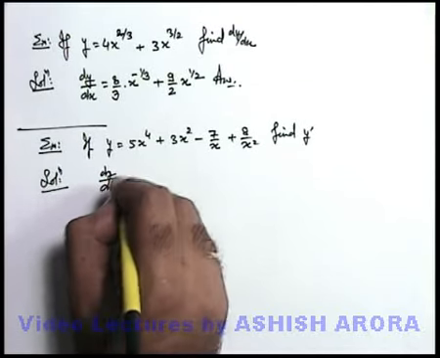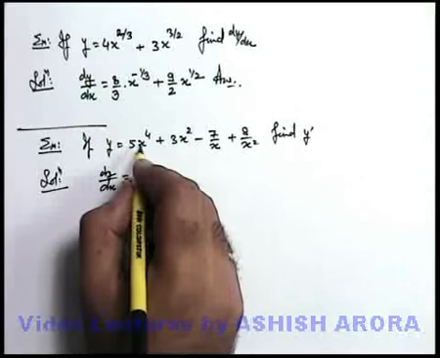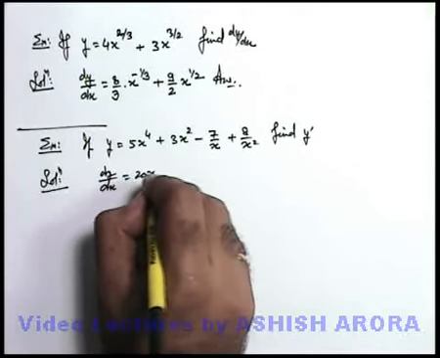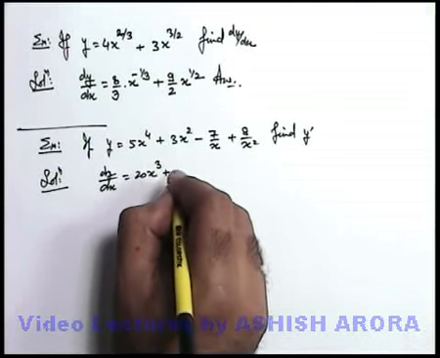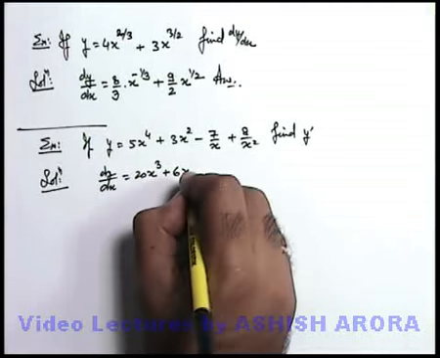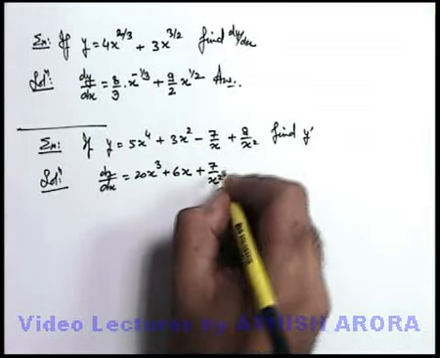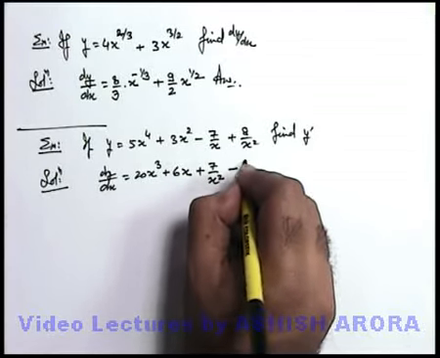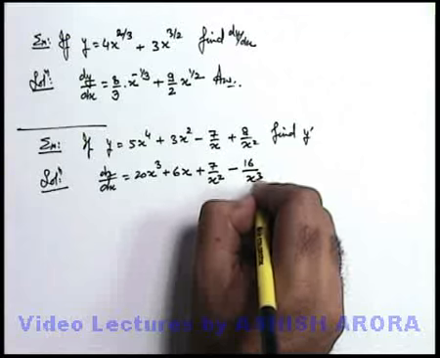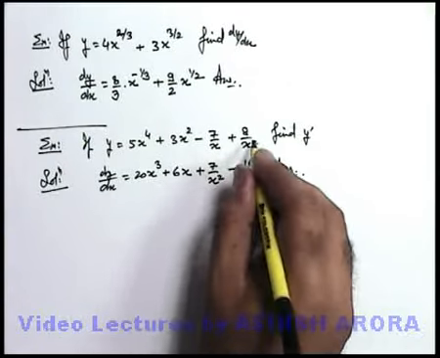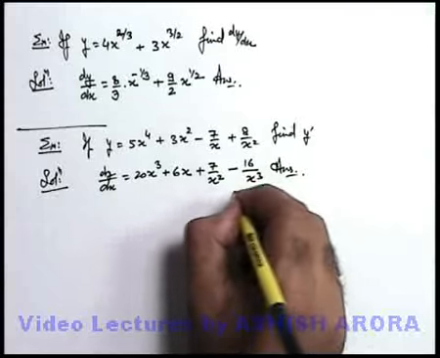Here dy by dx will be, I think now you can directly write, we have taken plenty of examples. It will be 20x cube plus 6x plus 7 by x square minus 16 upon x cube. This is the answer. I just leave it for you. Just verify all these terms, how you are getting this result.